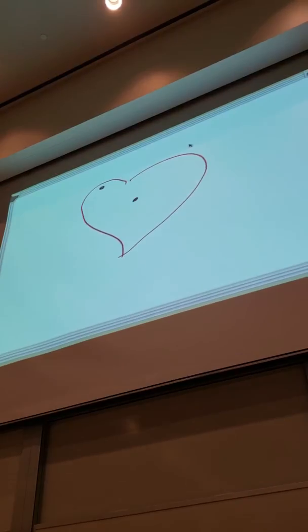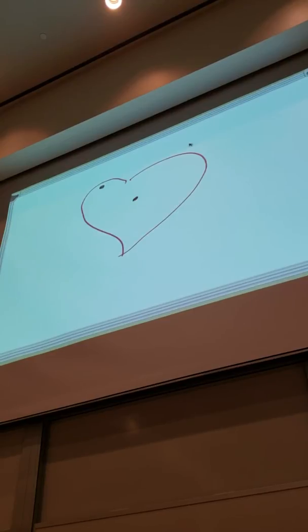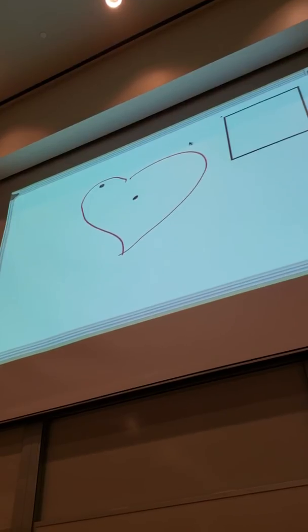If we have a heart, don't laugh, that's what it looks like. Okay, SA node at the top, AV node at the bottom, right? Let's say we want to look at both of the action potentials, okay?